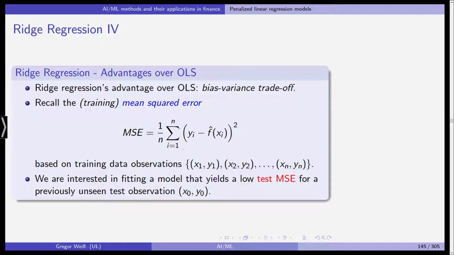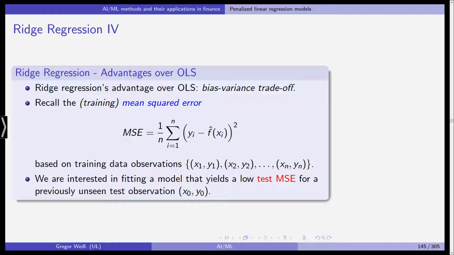Now, one could ask, and this is the obvious question, why should we care and why should we consider using ridge regression over OLS? What are the advantages of ridge regression over ordinary least squares? Well, the answer lies in the bias-variance trade-off. If you recall the training mean squared error, which we've already seen, it was simply defined as 1 over n times the sum of the errors in our data, and those errors were squared.